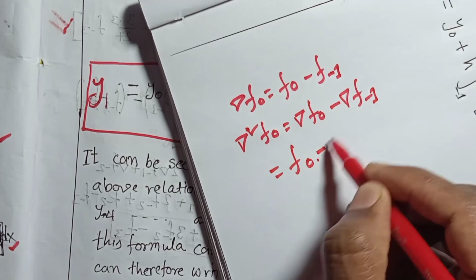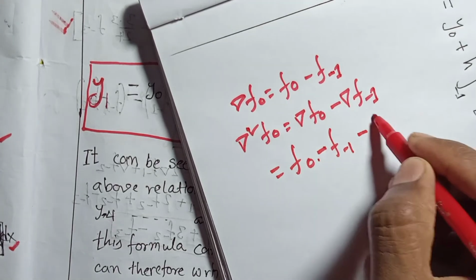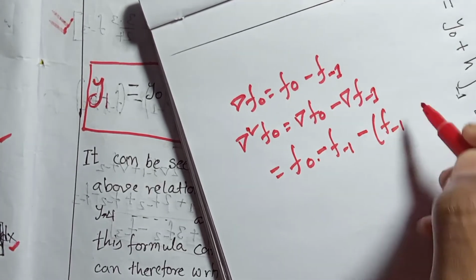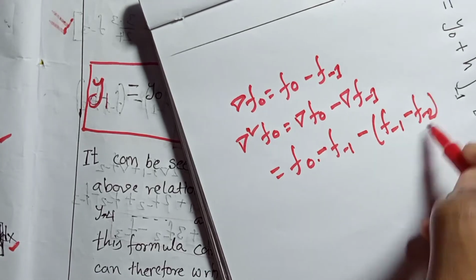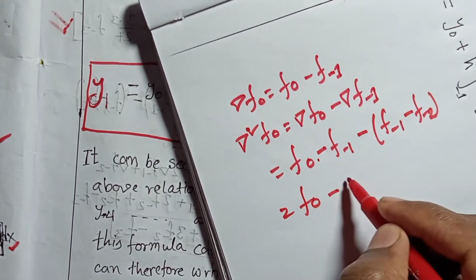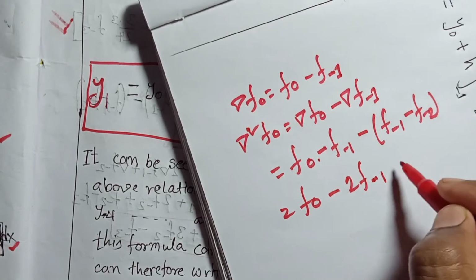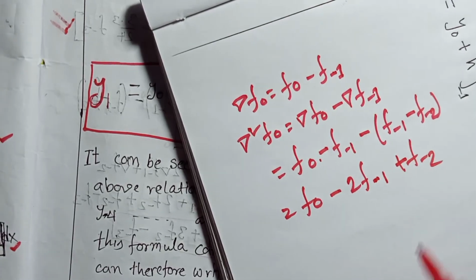That is nothing but f0 minus f sub minus 1 minus f sub minus 1 minus f sub minus 2. This is nothing but f0 minus 2 f sub minus 1 plus f sub minus 2.